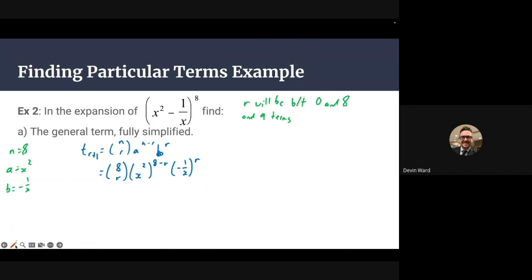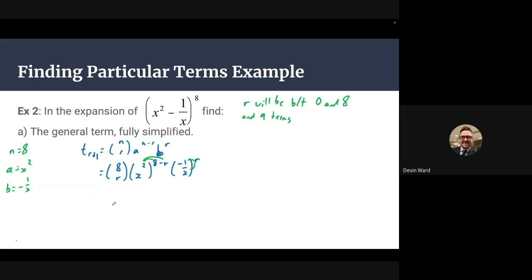Okay, so now you can distribute, remember, it becomes multiplication. So we have to multiply the 2 by the 8 minus r. And then that r gets applied to both of these. And instead of putting the negative out there, it'll be easier just to put the negative only to the 1.